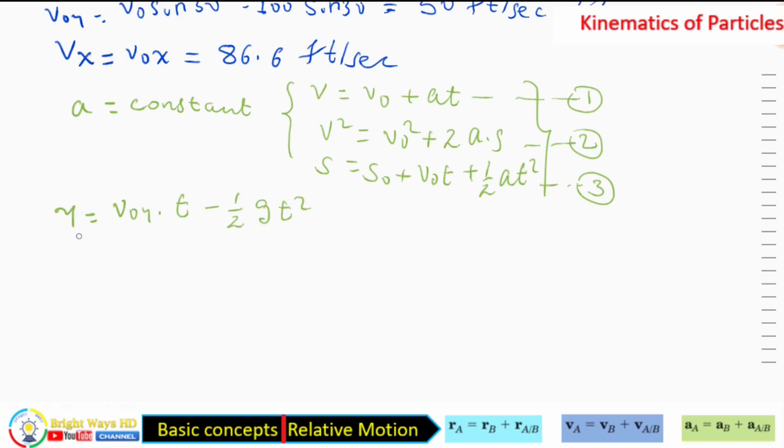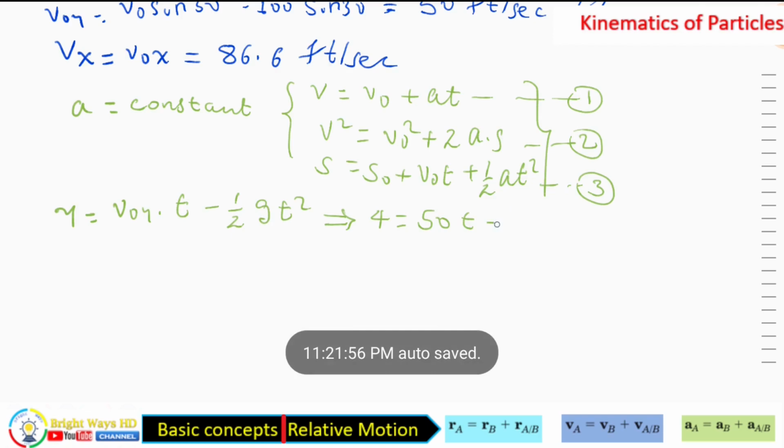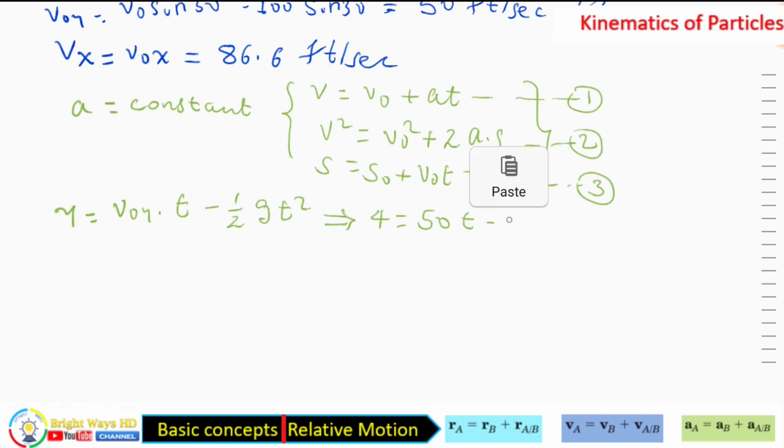Because we know the value of y and the value of v0y, the only unknown parameter is time. If we substitute the numerical values, we get 4 equals 50t minus half g t squared. Half of g, 32.2 divided by 2, will become 16.1 t squared.